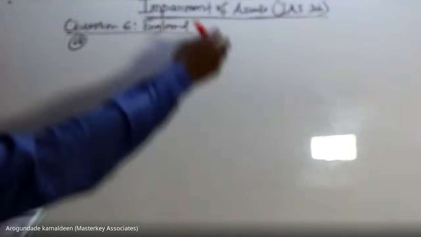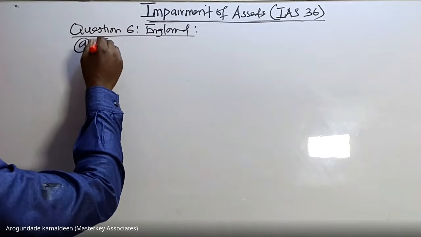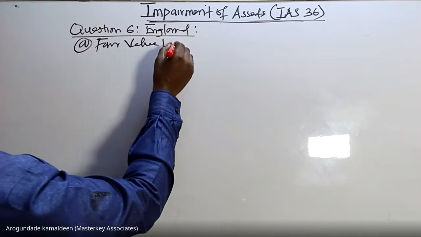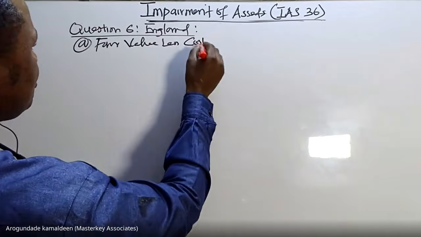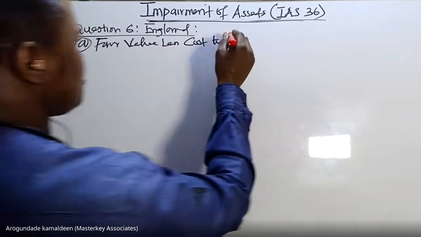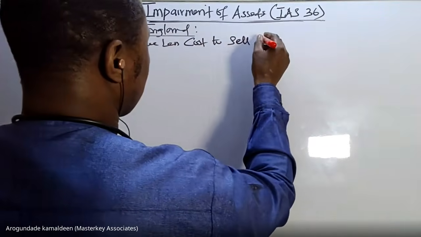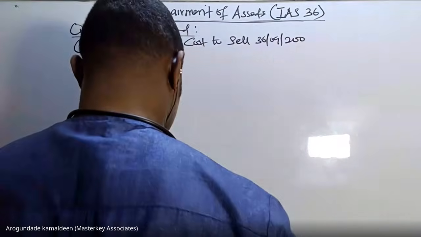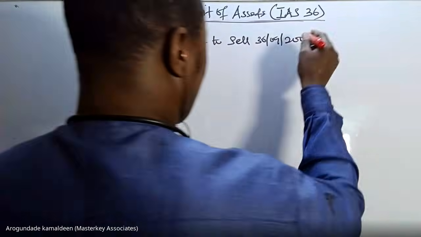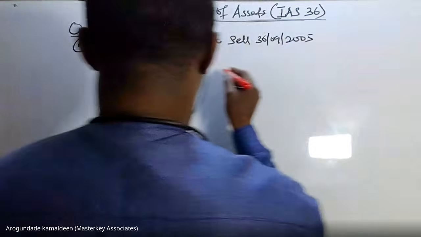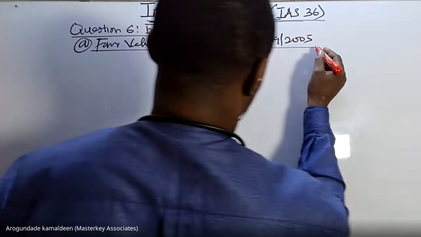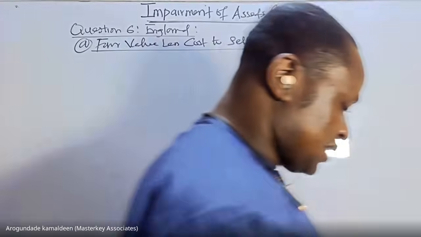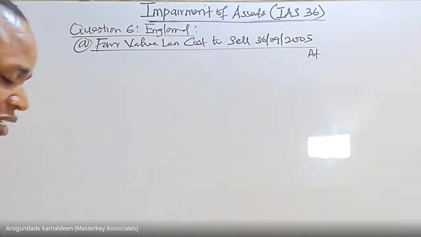Okay, the fair value less cost to sell at 30th September 2005. I think that should be the 9th month. What do you have there as a fair value?